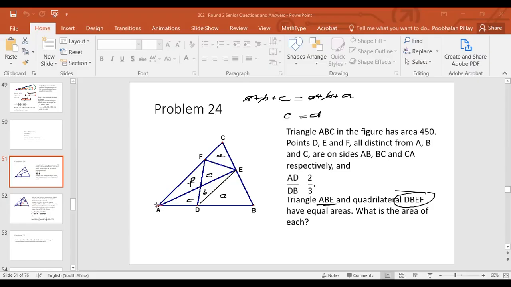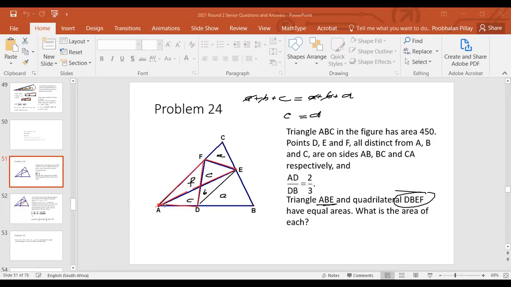So the area of that triangle, that's C plus F, is equal to the area of this other triangle here. So let's just focus on these two red triangles.